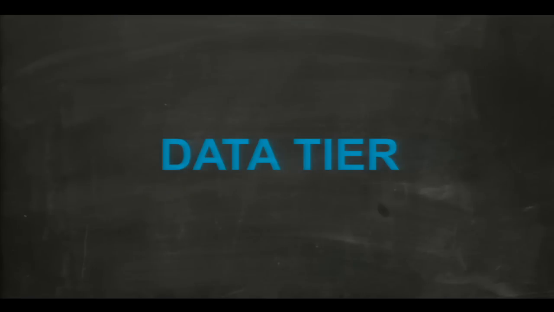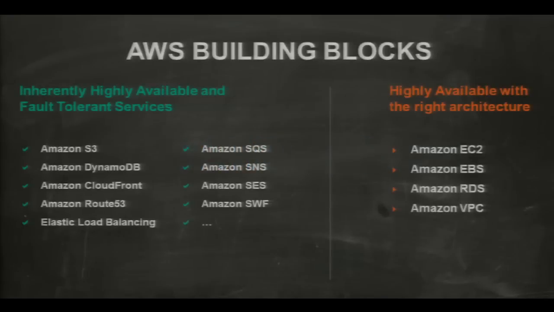Now, we talked about the front ends up until now. And I briefly want to make 1 or 2 points about the data tier. And actually want to go back to the slide I showed in the beginning. We offer quite a few services that are highly available and scalable and fault tolerant by themselves. So a really easy way to add, for example, a scalable storage system to your architecture is simply by using Amazon S3, and you don't have to worry about it.